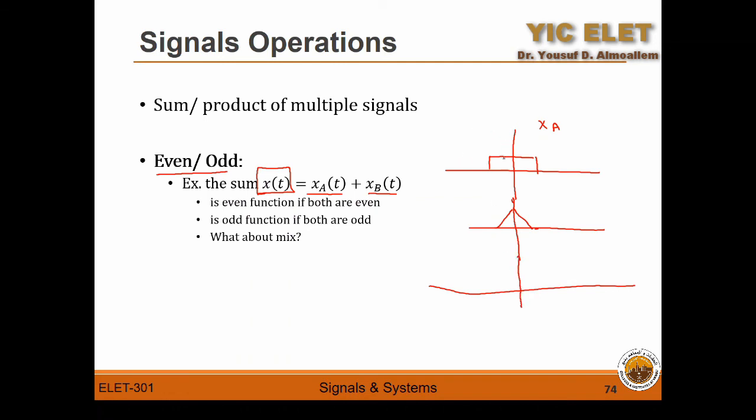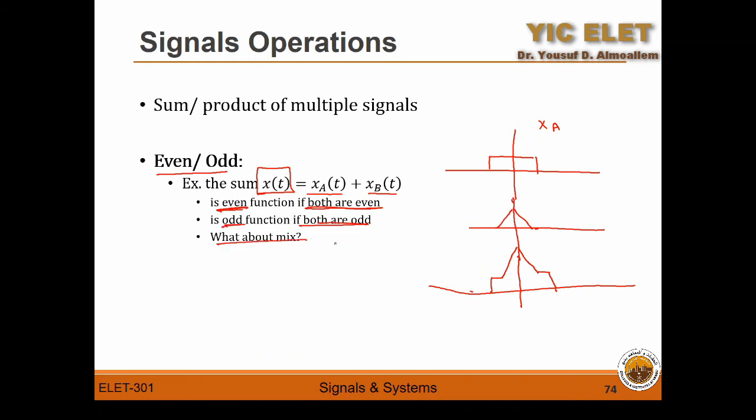Since this represents exactly the same shape as this, and this represents exactly the same shape as this, the addition of this side will have exactly the same effect as the addition of this side. So it will come to a certain shape which still holds the even function. So if both functions are even, we will come to an even function, and if both are odd, it will come again to an odd function.